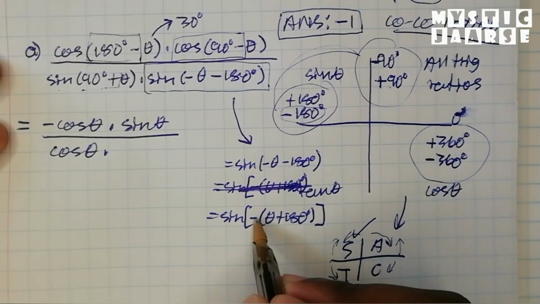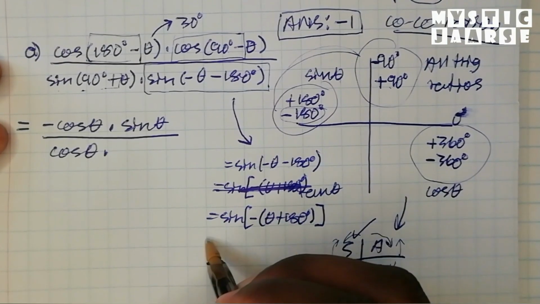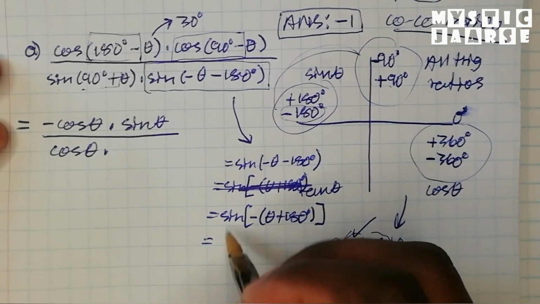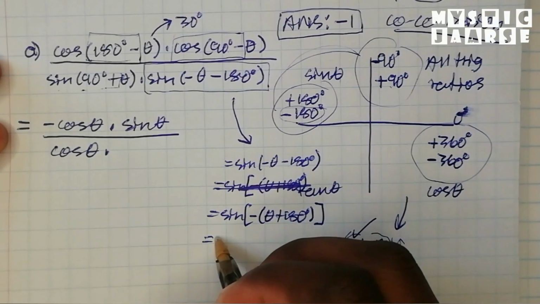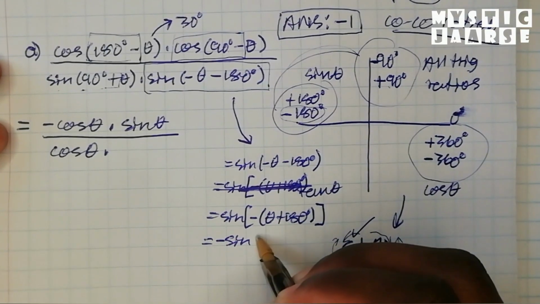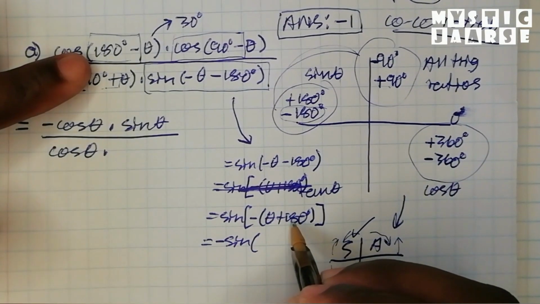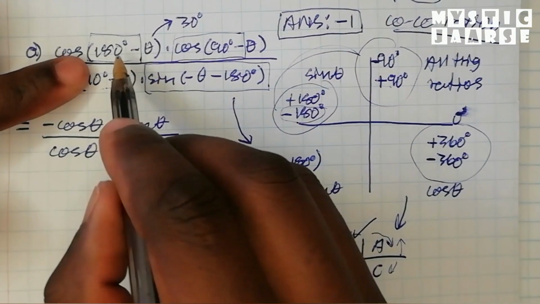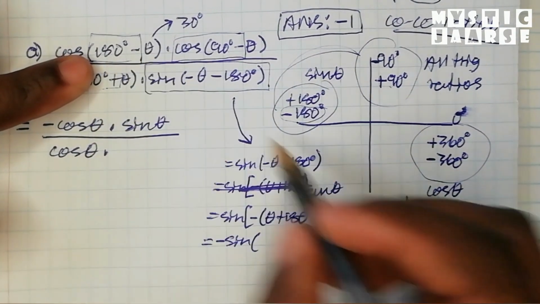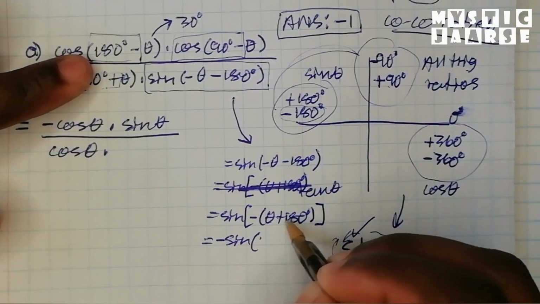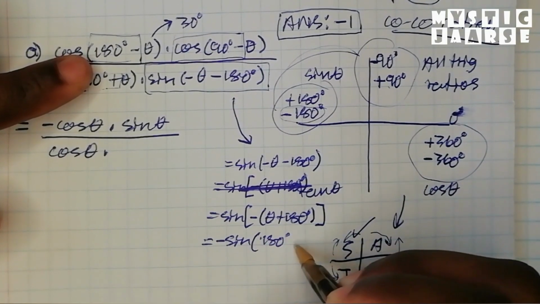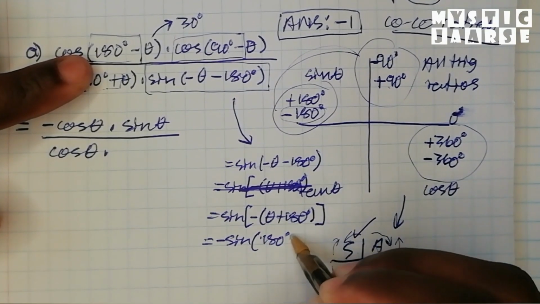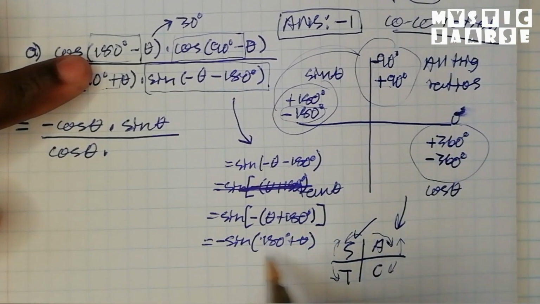So again, this negative is going to affect our sign. Remember that sign can be affected by a negative number, so we will be having negative sine of, now we are going to rewrite this in a manner that we are used to. We are going to have an angle come first before our theta, so we'll be having positive 180 degrees plus, this theta is positive, plus theta, and then we can deal with it.